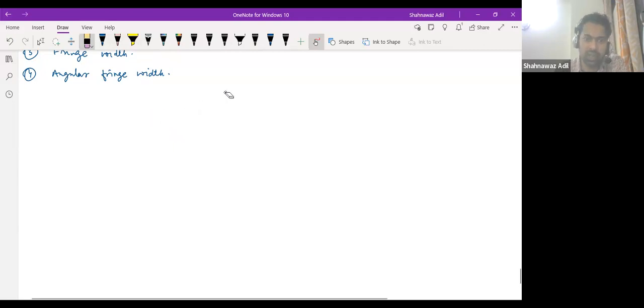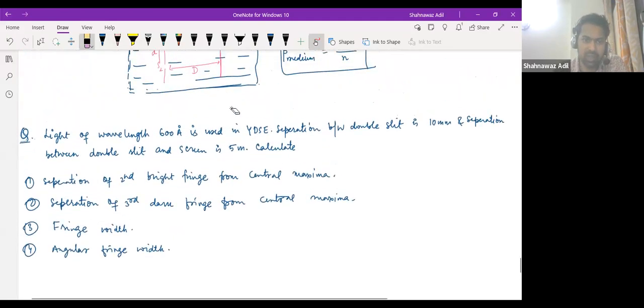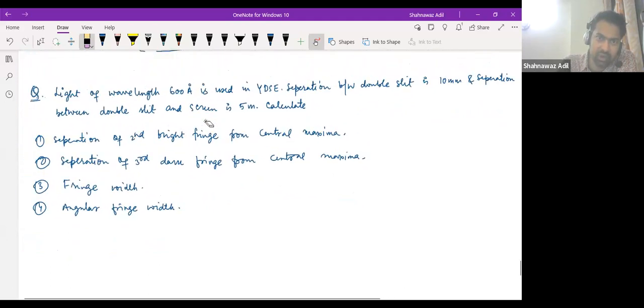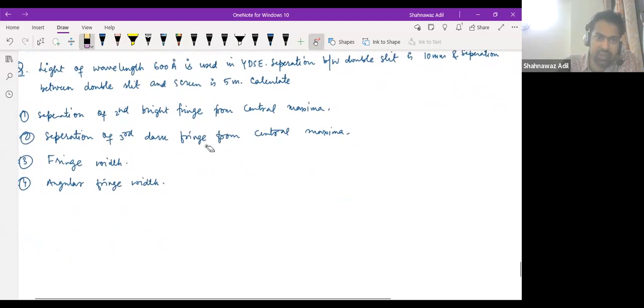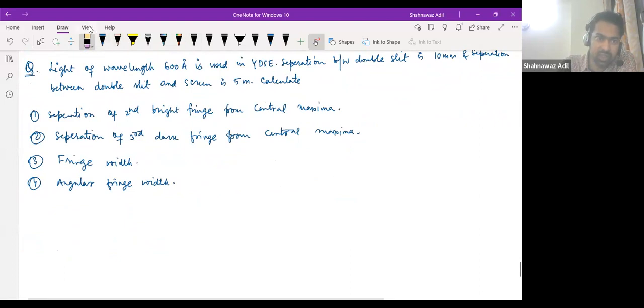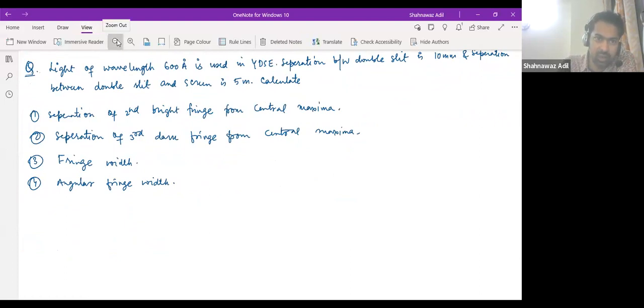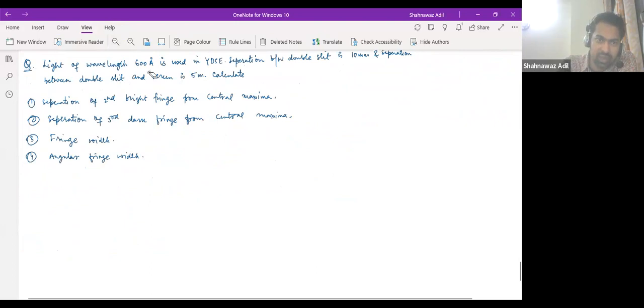Yeah, so I have prepared this question to solve, and then it would be very easy to understand the topics, right? So whatever we have done in interference, let us see how much you remember. So a light of wavelength 600 angstrom is used in Young's double slit experiment.